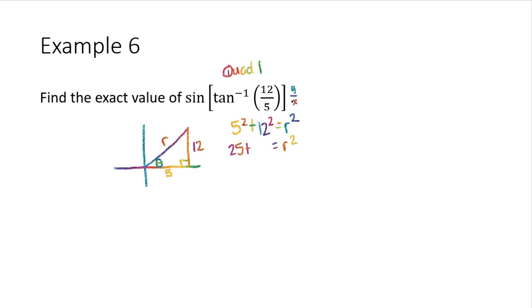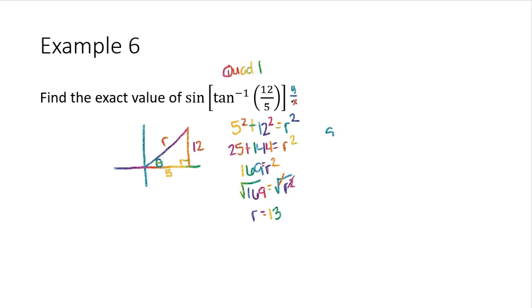Let's try that again. 12 squared is 144. And then when we add 25 to 144, we get 169. So we'll square root both sides. And then the radical and the square will cancel, and I know that r is going to be equal to 13.